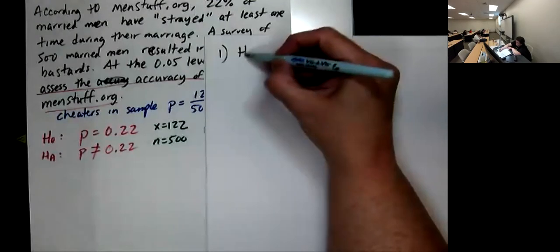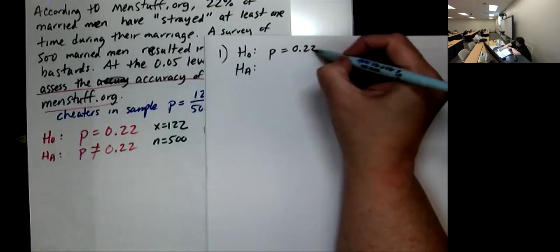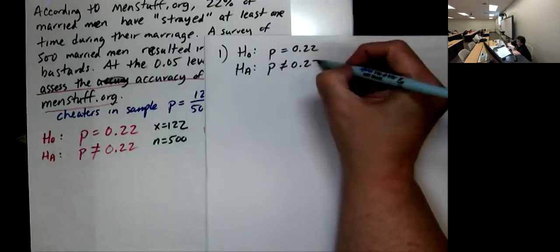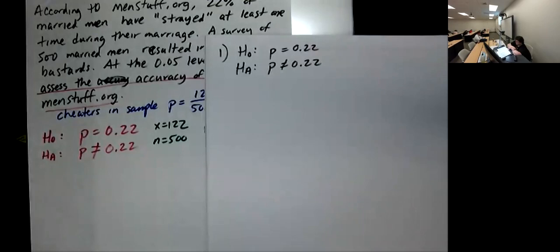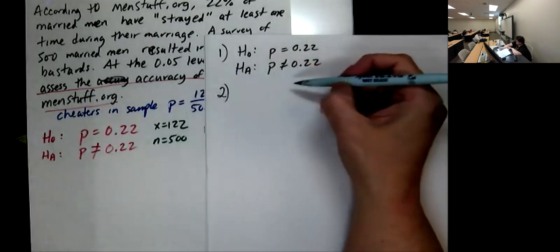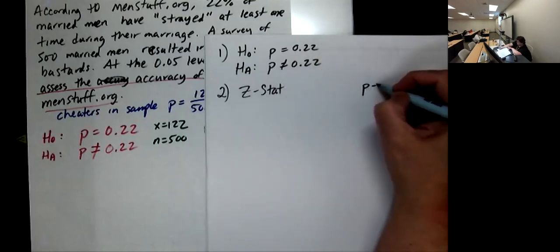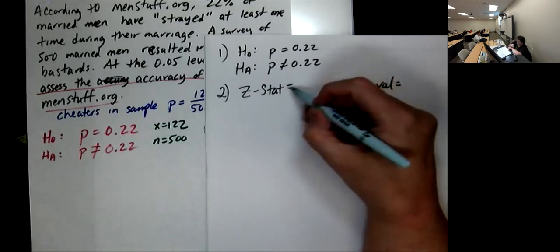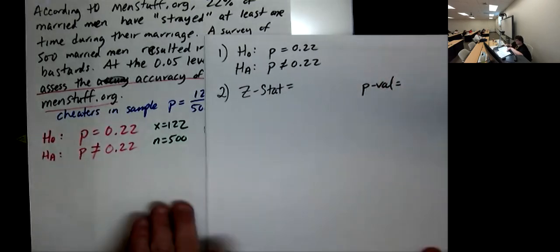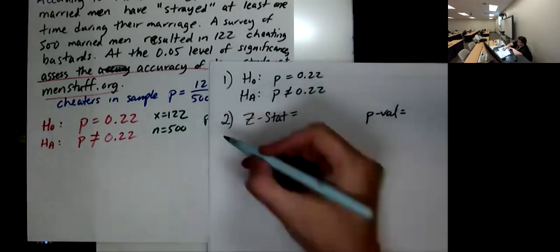So step one, we actually did. I did it on the other page. It was identify H naught and HA. Two is find the test statistic, which we saw in the last problem said Z-stat. We're looking for p-value as well. StatCrunch is going to spit those out. The problem has given me a level of significance.